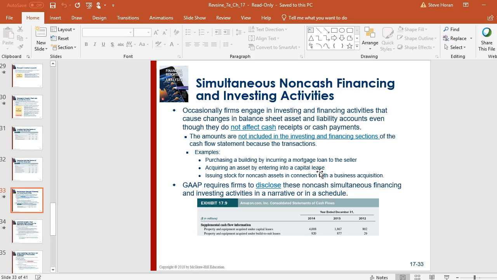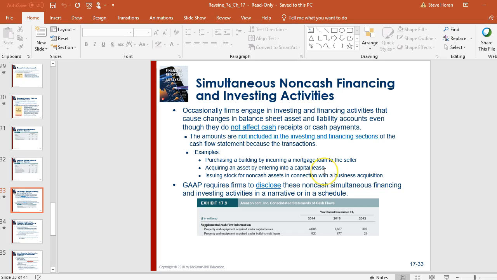And then sometimes keep in mind that you can have an item that does not affect cash, but it does affect either financing or investing. An example here would be buying a building, but then just using debt to pay for it, right? So I debit building, I credit mortgage payable for the exact same amount.